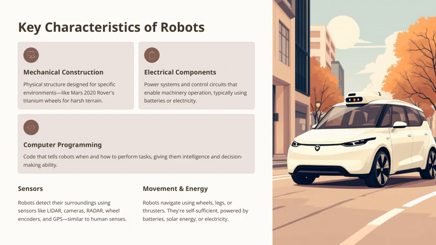Robots navigate using wheels, legs, or thrusters, depending on their design. They are also self-sufficient, powered by batteries, solar energy, or electricity, allowing them to operate independently in various settings. All these characteristics work together to make robots versatile, intelligent, and capable of performing complex tasks across different environments.